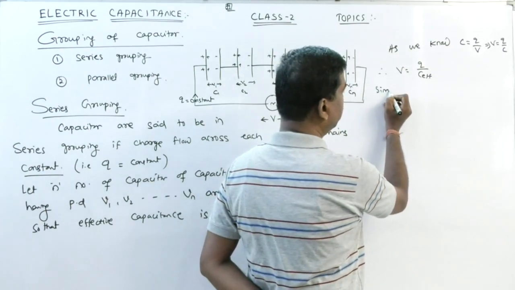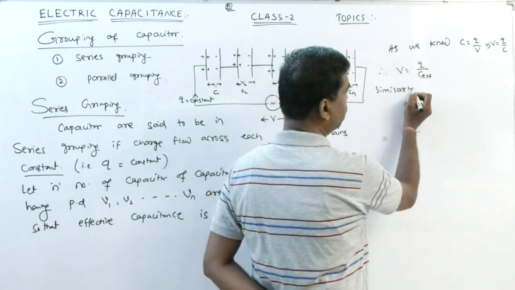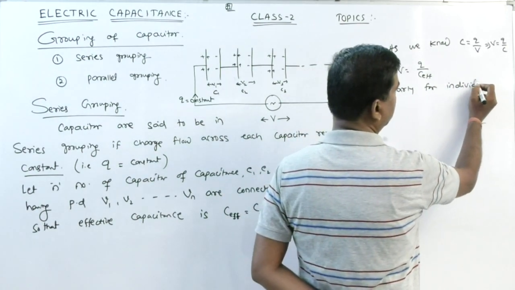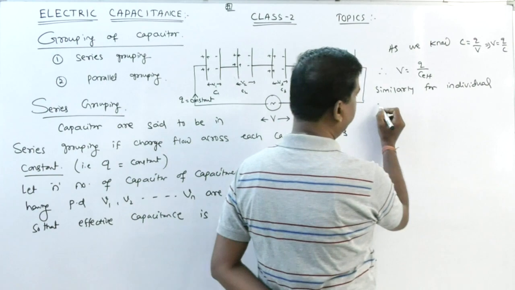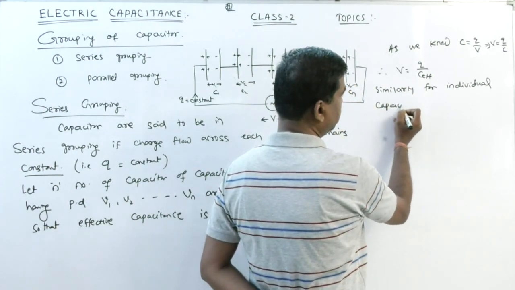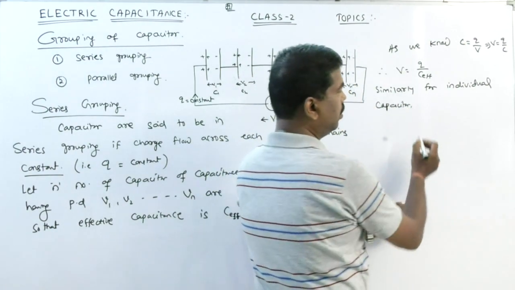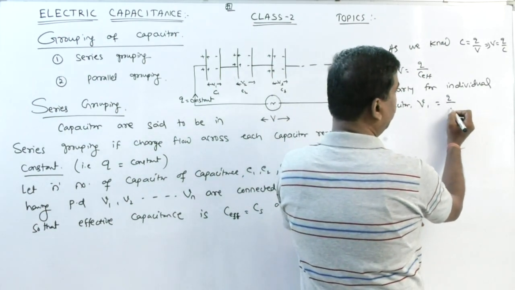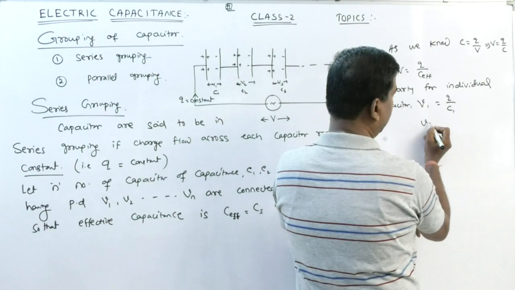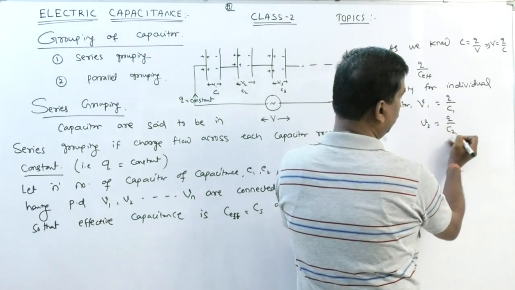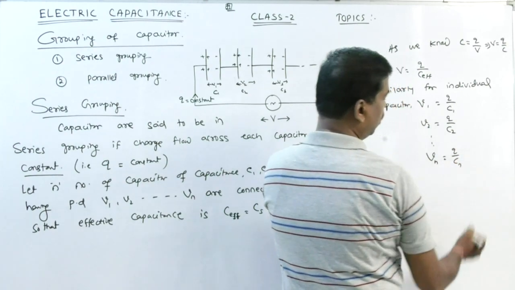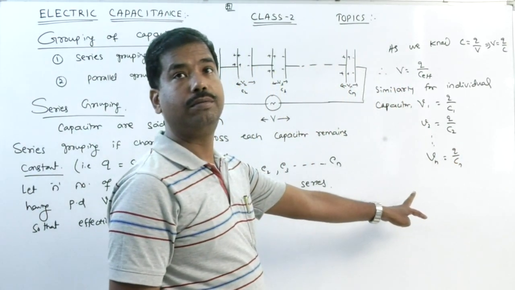Similarly, for each individual capacitor, V1 is Q by C1, V2 is Q by C2, up to Vn is Q by Cn.